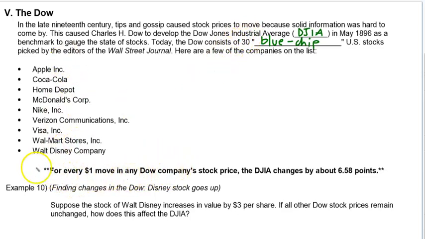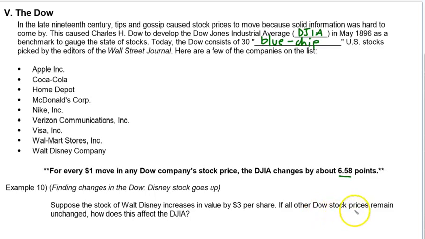But here's the key calculation point. For every $1 move in any of these stock prices, the Dow Jones Industrial Average changes by 6.58. That's a constant. So this is a pretty easy calculation. Let's assume that Walt Disney stock increased in value by $3 per share.